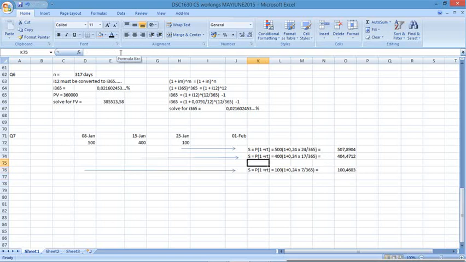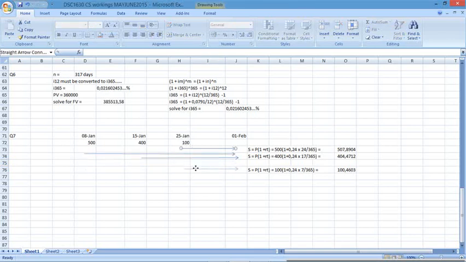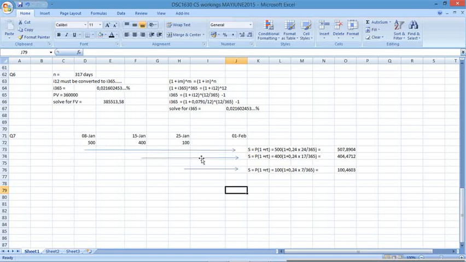Alright, for 7 days. These arrows actually need to go the other way around. Okay, there we go. So I took the 500 forward, then the 400 forward, then the 100 forward. Remember I'm looking at the interest. I'm not worried about the 100, the 400, and the 100. I'm just looking at those 7 Rand 80. So minus 500, minus 400, minus 100 to get the interest.